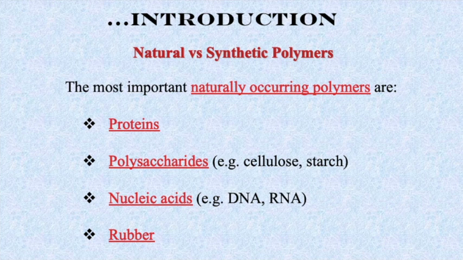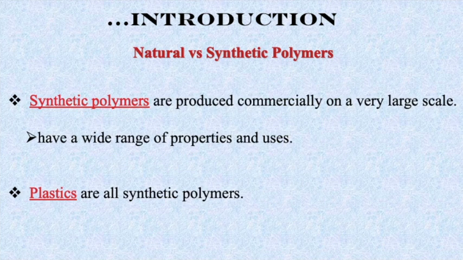Just to give an example, there are naturally occurring polymers, and you might know DNA is made up of many repeating units. It's an example of a naturally occurring polymer. You have proteins as well, made up of many repeating units, and polysaccharides. These are the naturally occurring polymers, but we are focusing on the synthetic polymers, which are the ones that are manufactured on a large scale commercially, and there's a lot of them.